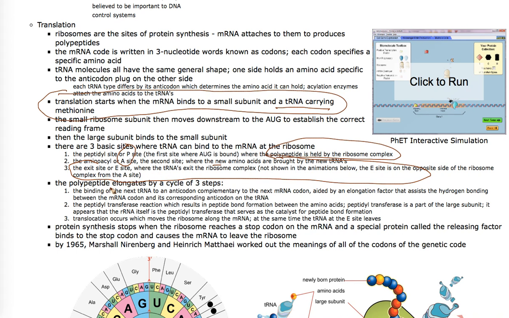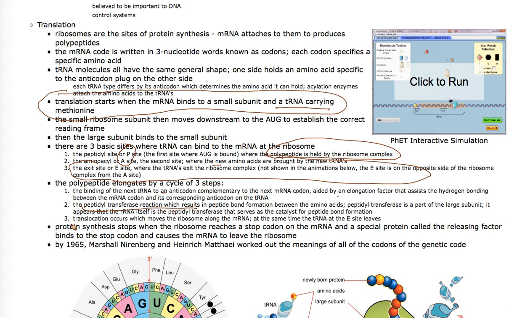So the polypeptide basically gets longer by a new tRNA binding to the next mRNA codon. The new amino acid then is brought in by that tRNA, and then a special enzyme called peptidyltransferase bonds the amino acid of the new tRNA to the amino acid that's already at the ribosome complex.